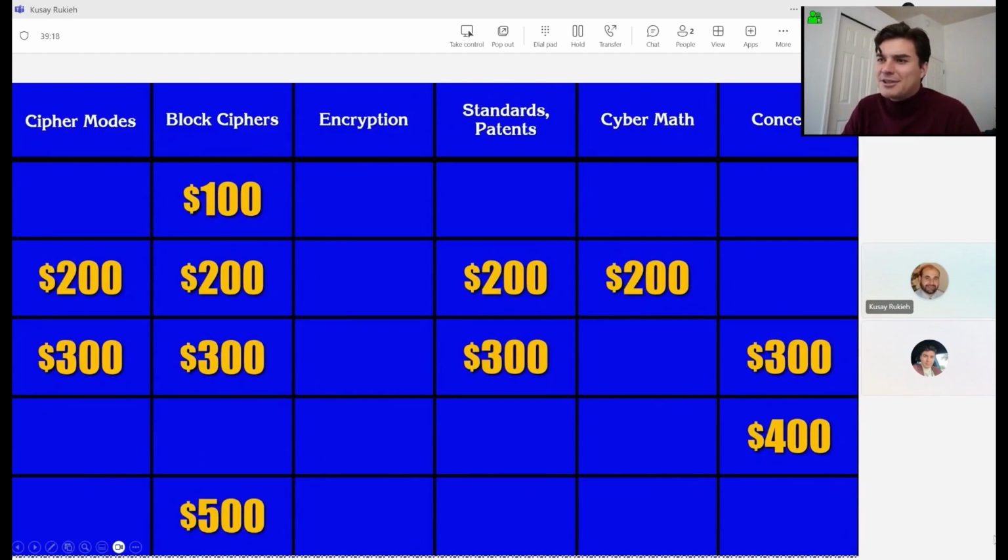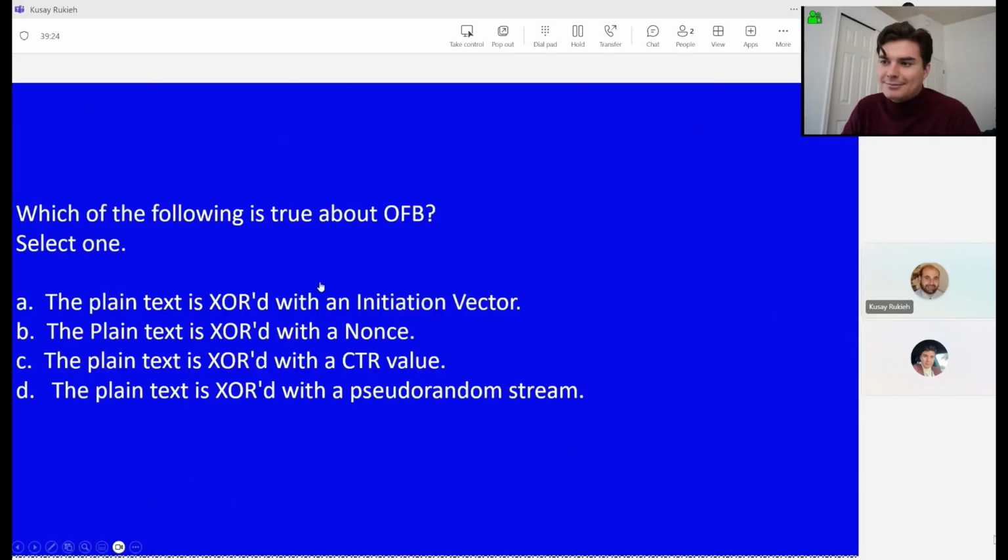Let's go for an easier cipher mode at $300. What's true about OFB? So with output feedback mode, the plain text is XORed with the initialization vector. Is it?